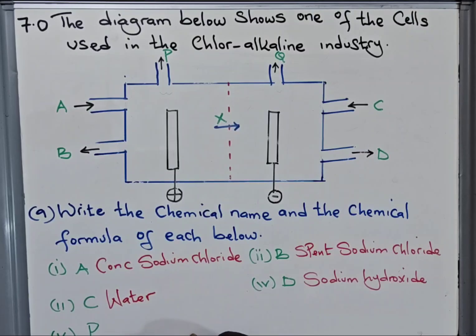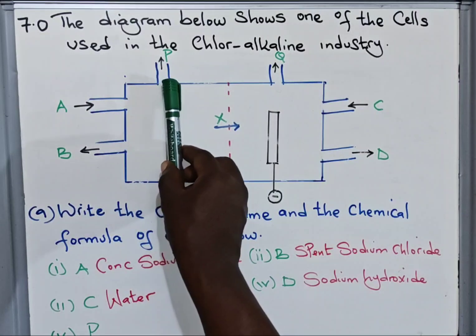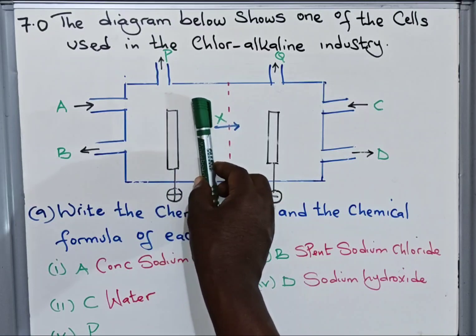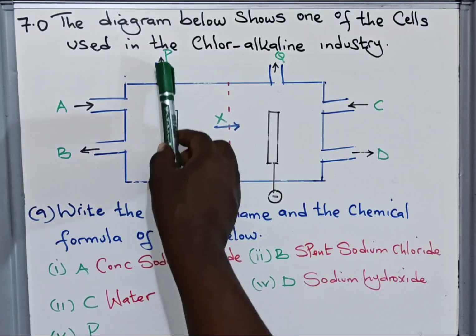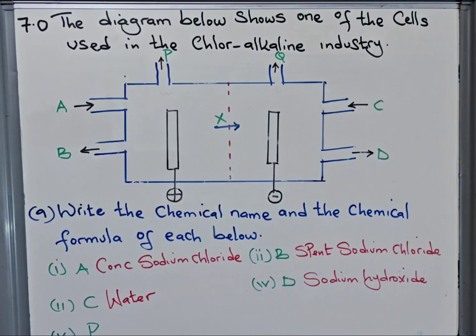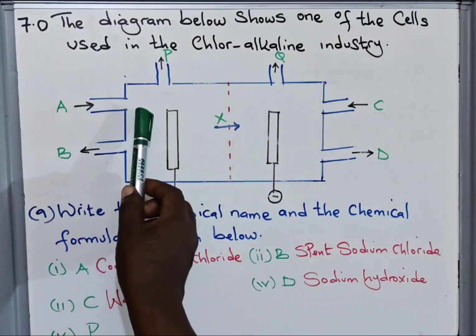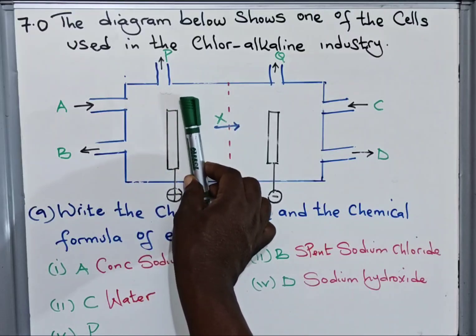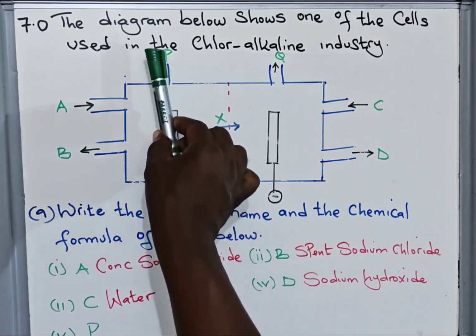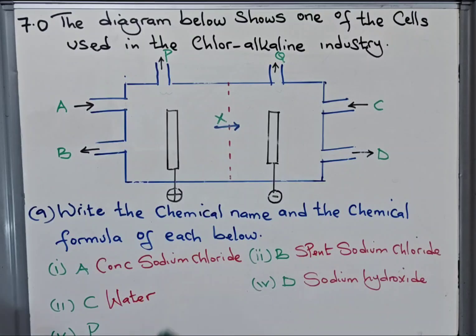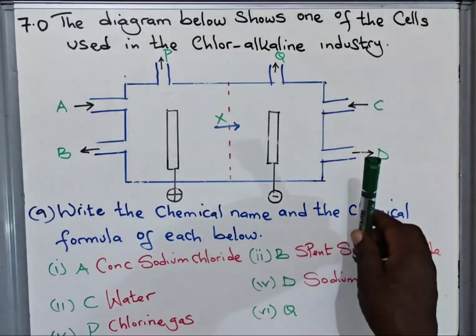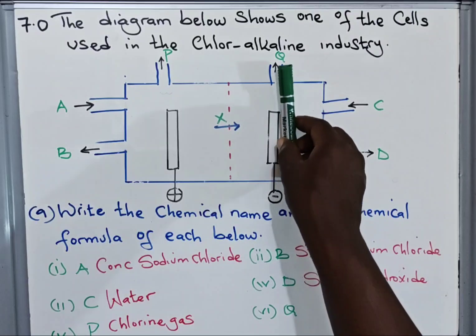Then we come to P. P is coming out on the anode side. So what is P? P is chlorine gas coming from sodium chloride. When sodium chloride enters here, it splits, and one of the products of that splitting is chlorine, which we get as gas P. Then we come to Q. Q is on the cathode side and it's moving out.